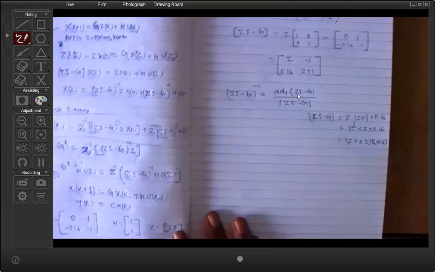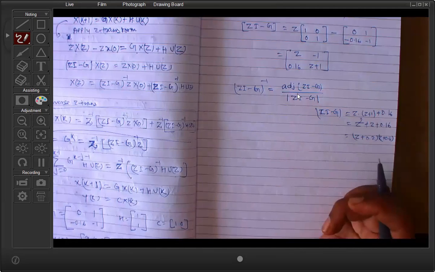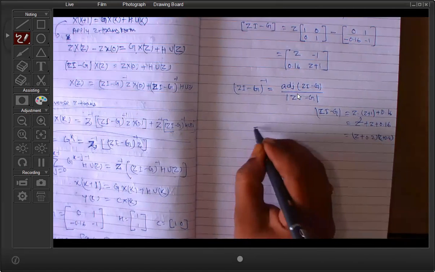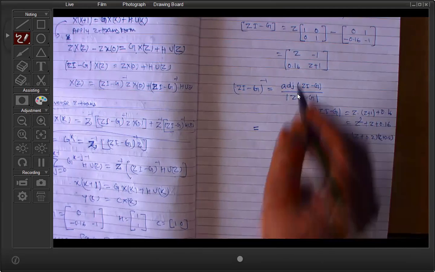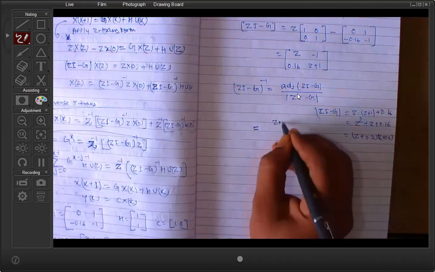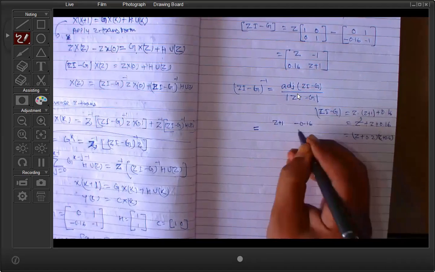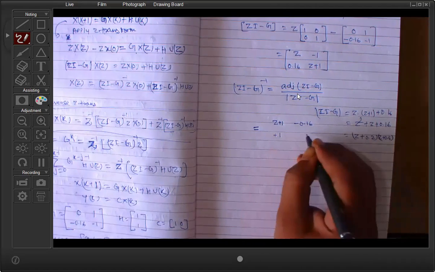Okay, so now we have to find out the adjoint of this matrix. What do you mean by adjoint of the matrix? Transpose of the cofactor matrix. Yes or no? Yes, sir. So what is the cofactor matrix? That is equal to [Z plus 1, -0.16; -1, Z].